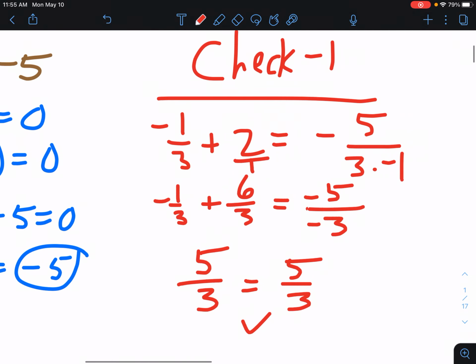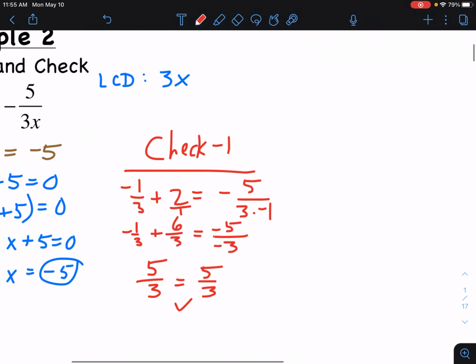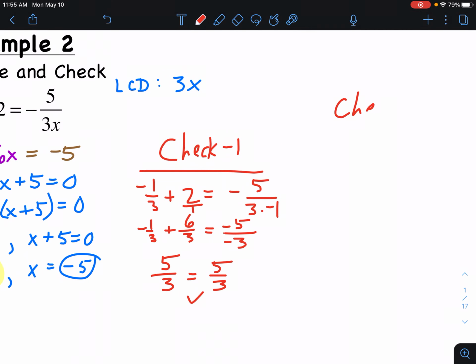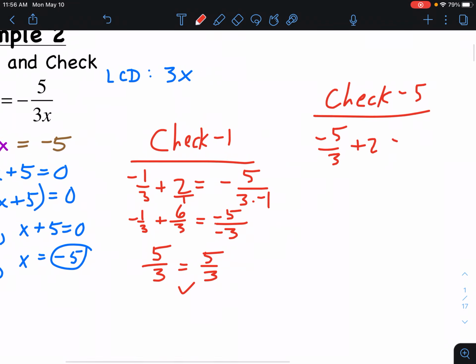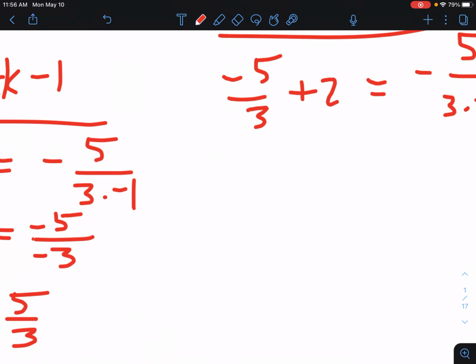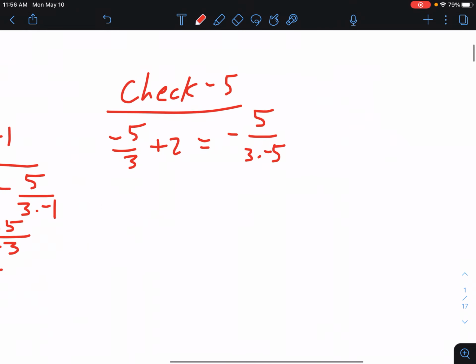Now let's go check negative 5. Okay, so on the left side, 2 changes to 6/3.